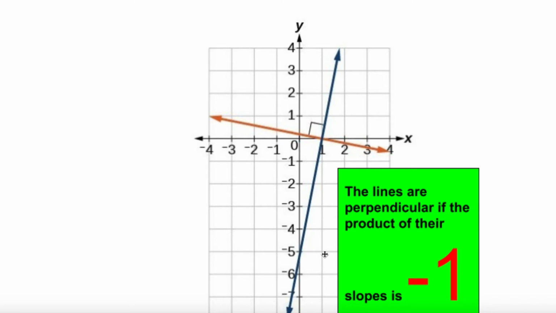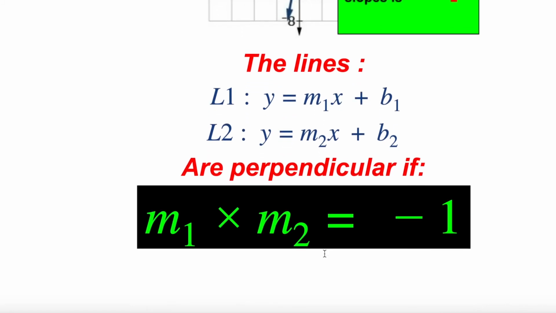To be perpendicular, the multiplication of their slopes must be negative 1. So m1 times m2 should be negative 1. If it's not negative 1, the lines are not perpendicular. It must be negative 1, okay?